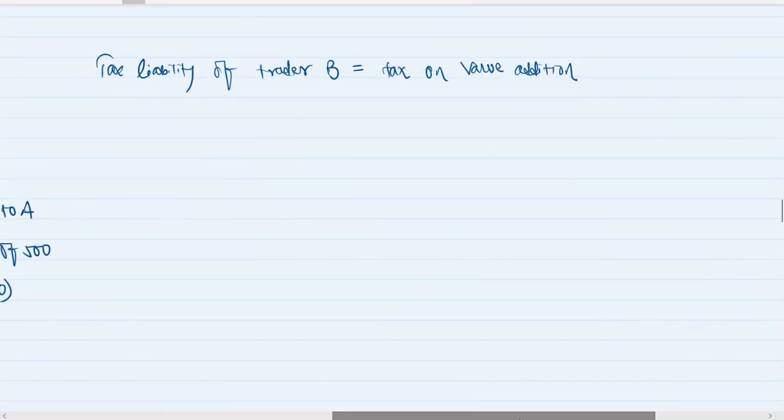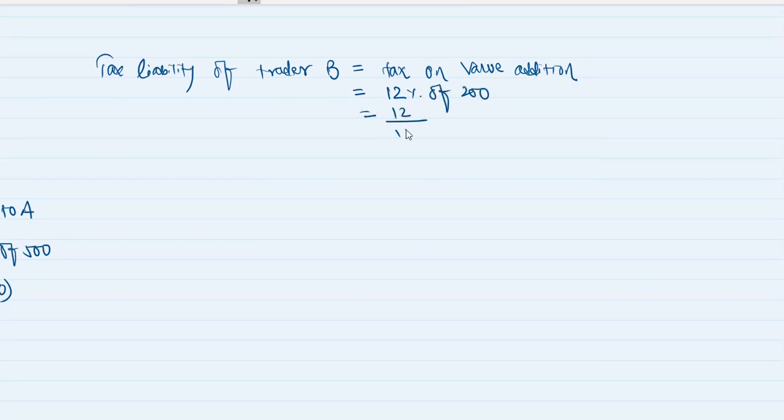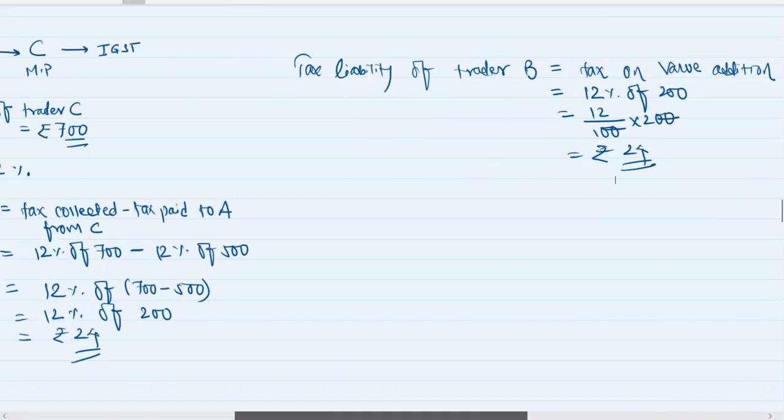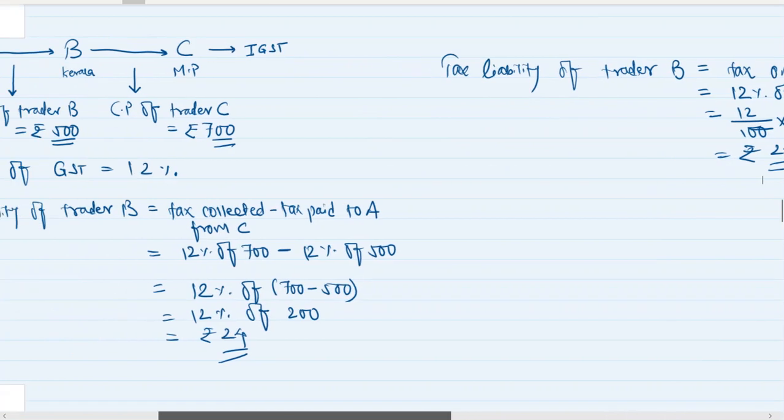So that is the value addition, and on that value addition we will charge the tax. So that is 12% of 200, which is 12 upon 100 multiplied by 200. You can calculate it, rupees 24, which is the same as we got earlier. So tax liability of trader B is rupees 24.